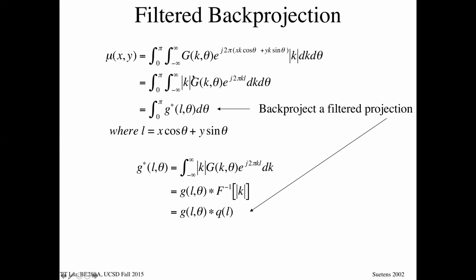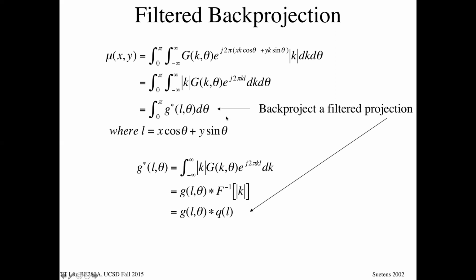This is the Fourier transform of our GL theta. What we're doing is this integration, which has a different feature than a plain inverse Fourier transform. You now are weighting it by k in that integration. So that's going to give us a different function, which is G asterisk L theta.